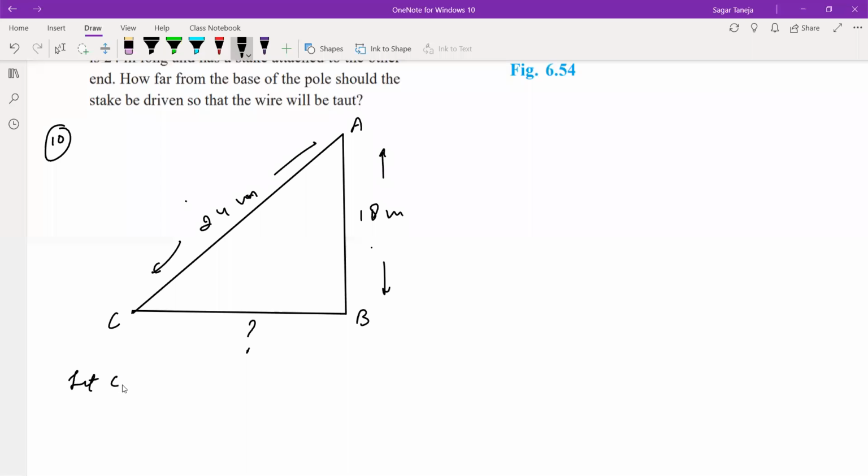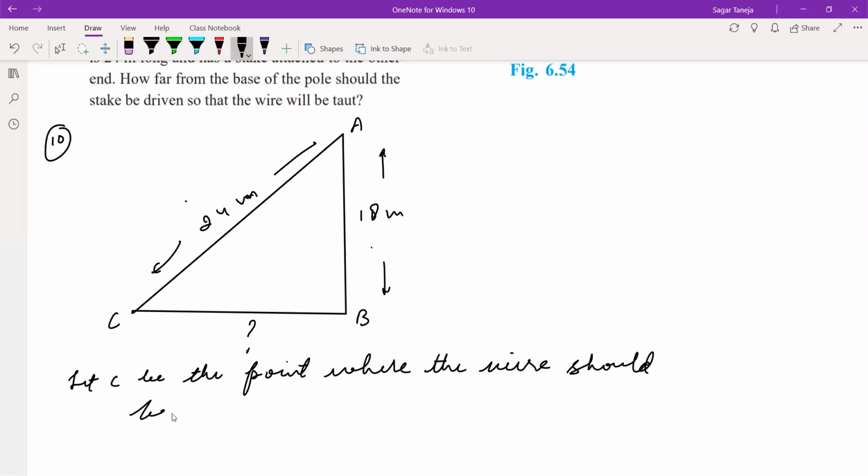Let C be the point where the wire should be tied.